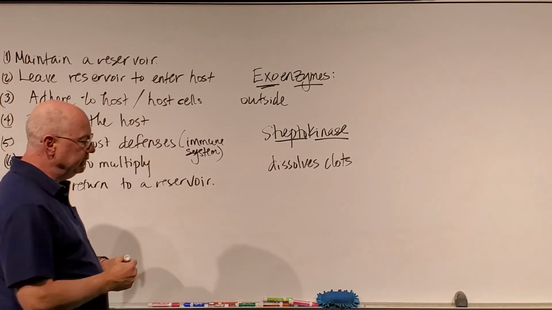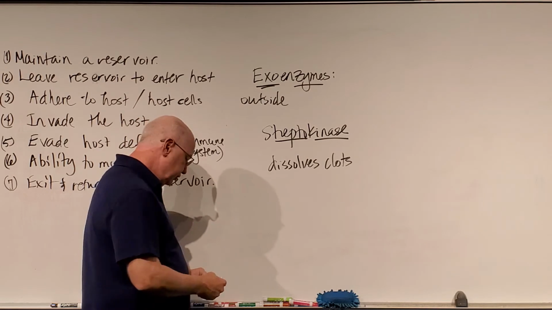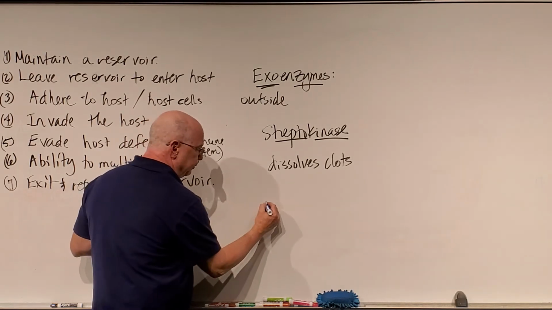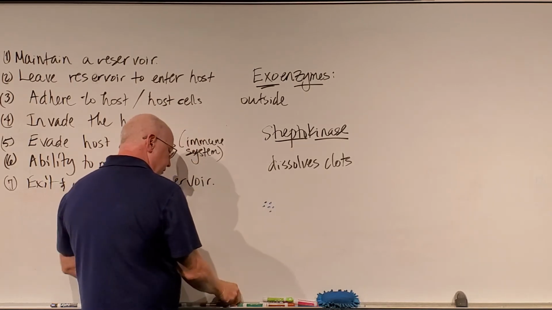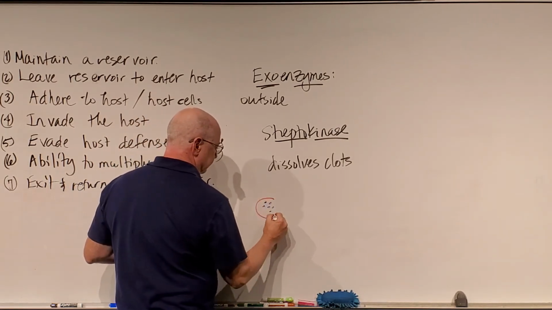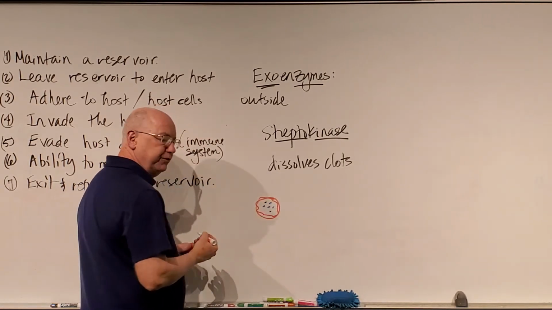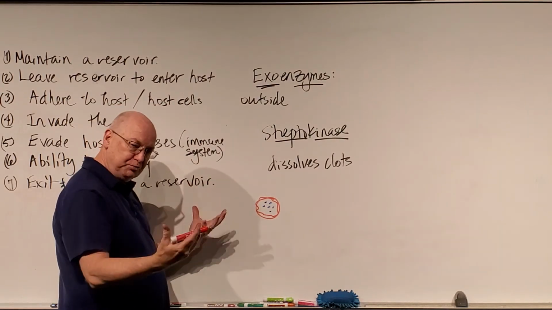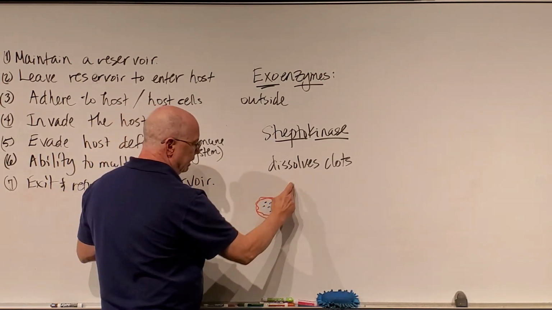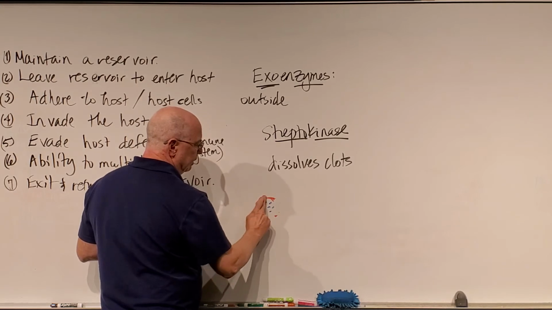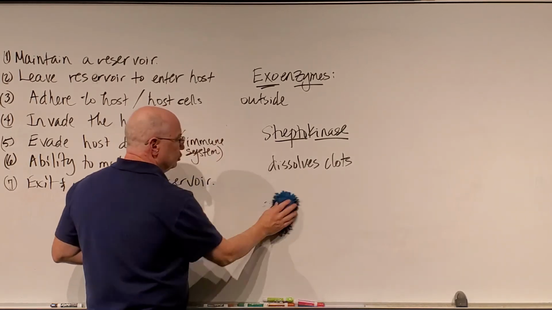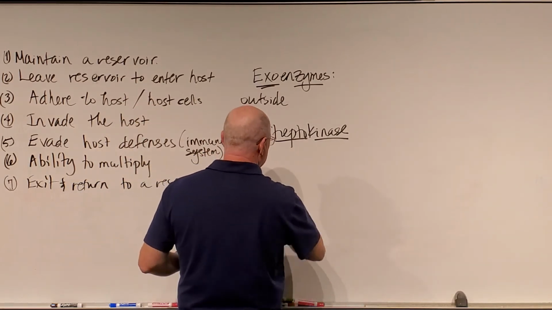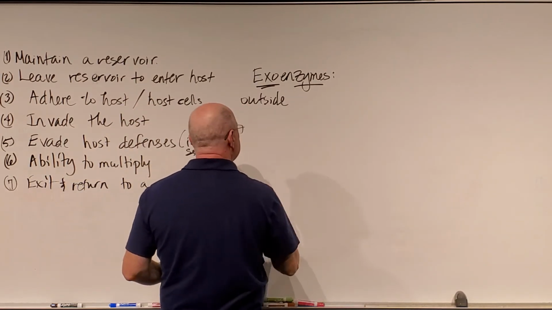And essentially, in some instances, you have some pathogen that is engulfed or trapped in a blood clot. Well, it might protect them from detection, but then they can't spread. Well, streptokinase will dissolve the blood clot and now allow the pathogen to spread. So that's another example of an exoenzyme.